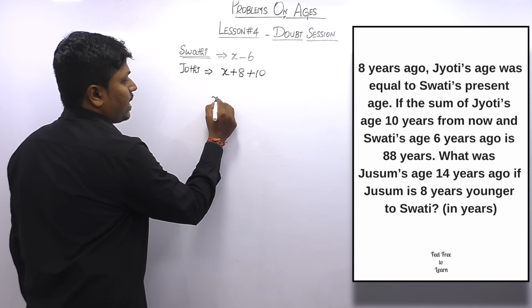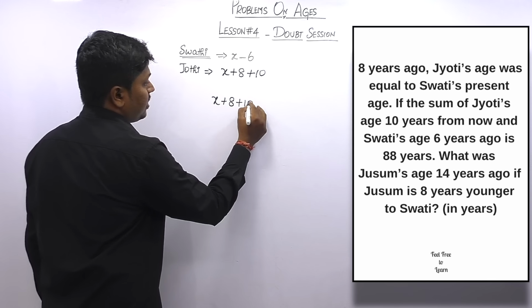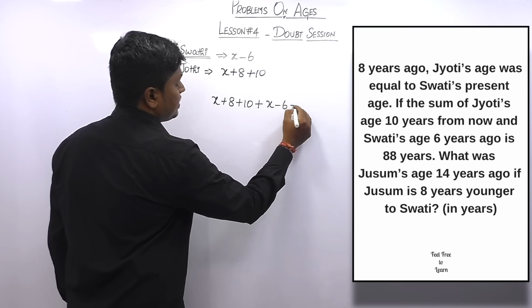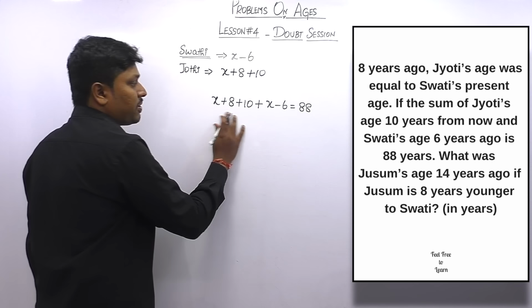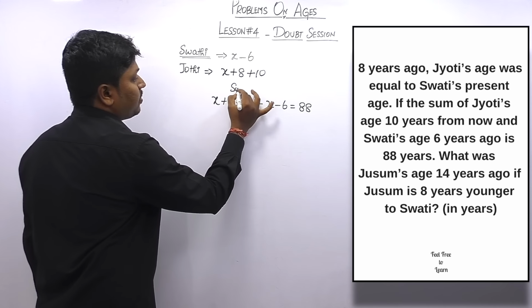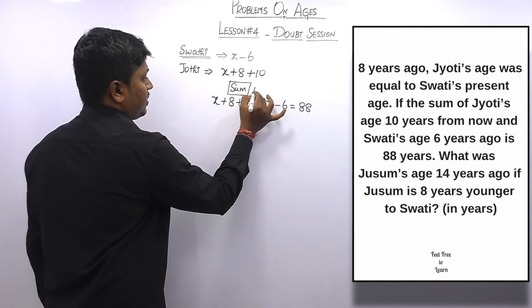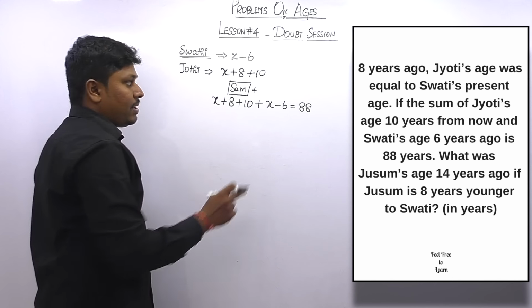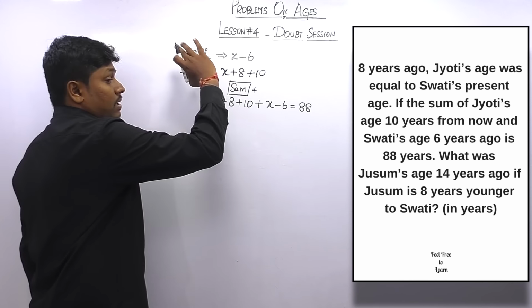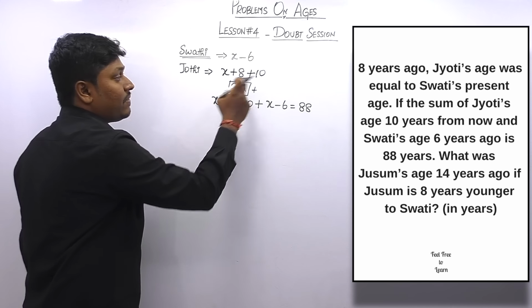So x plus 8 plus 10 plus x minus 6 is equal to 88. Friends, got the logic, because they are saying the sum of both the persons' ages, sum which is addition. So we have subtracted 6 and here we have added 10.